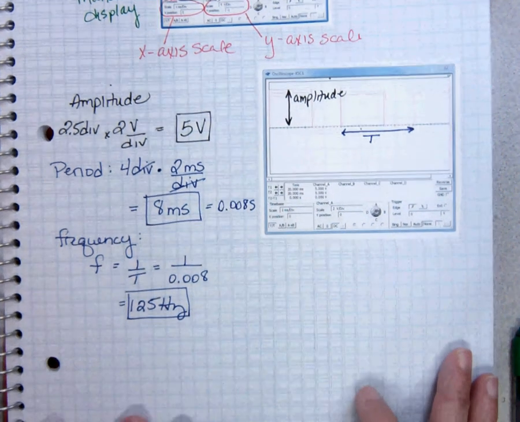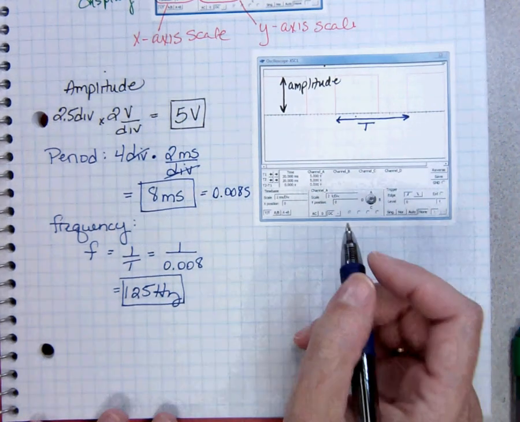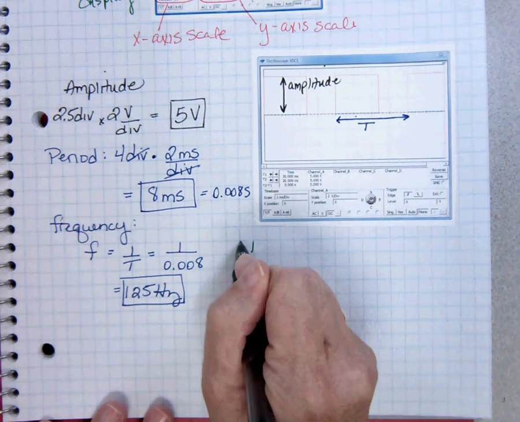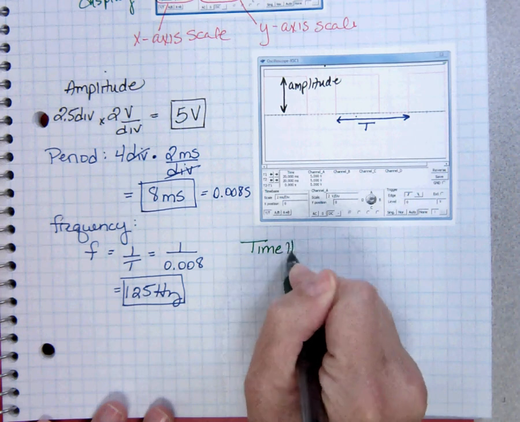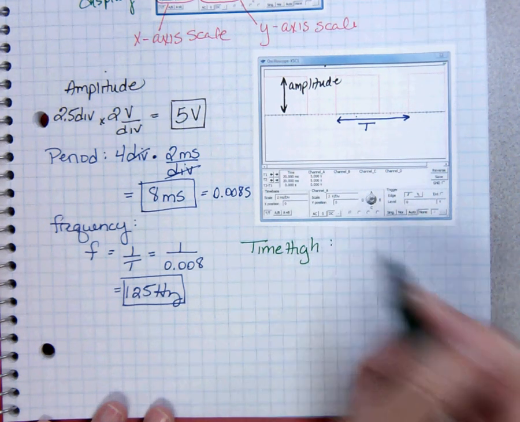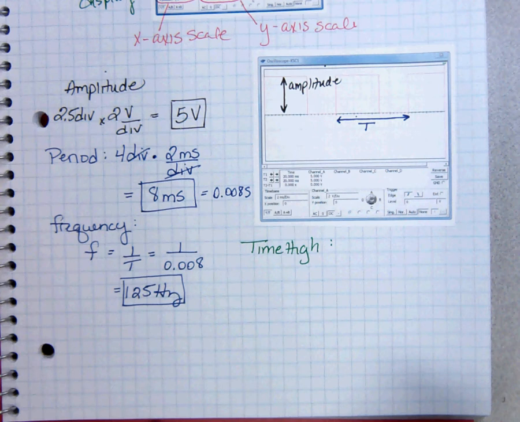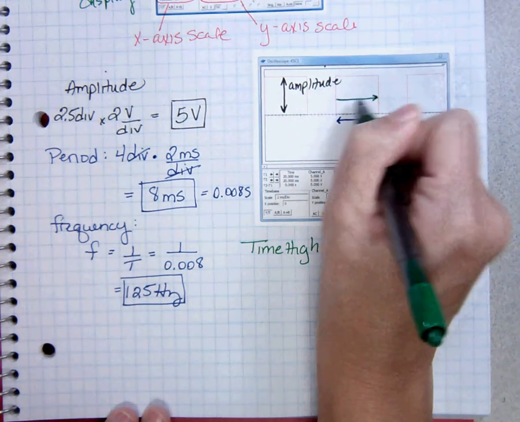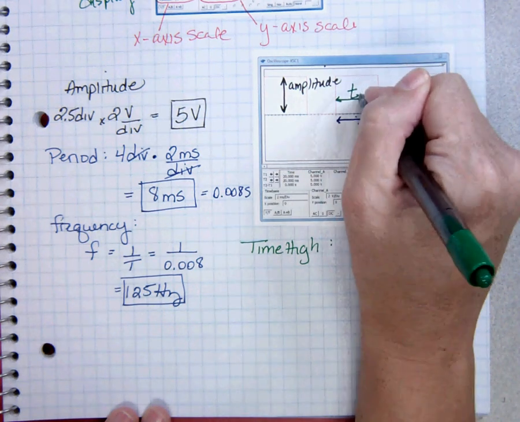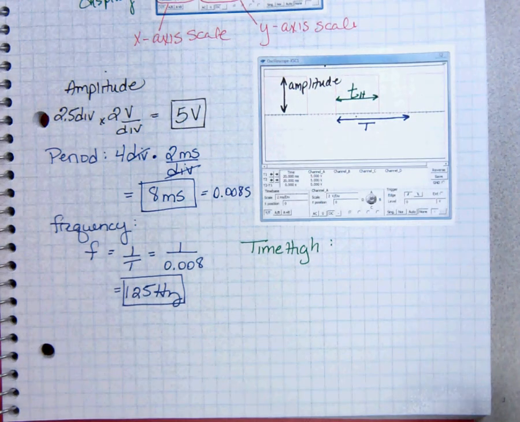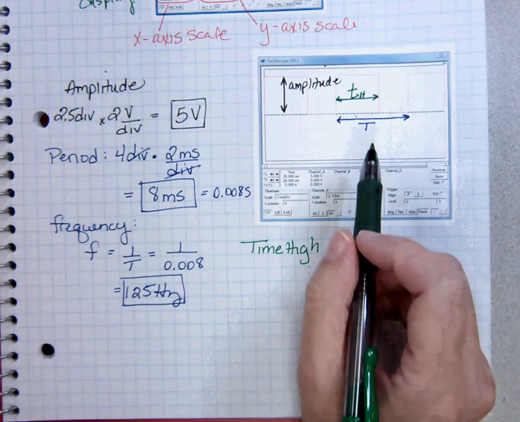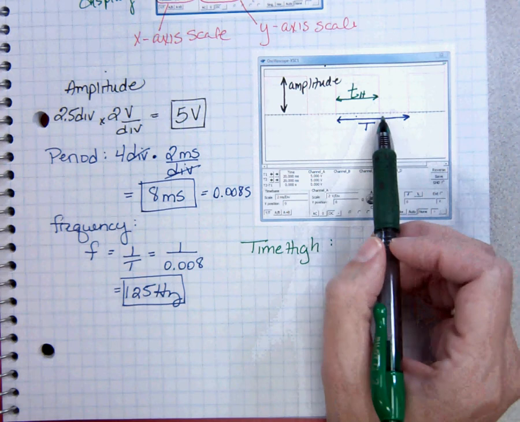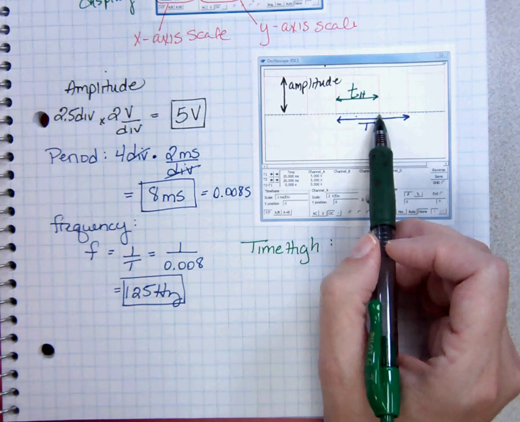Okay, another piece of information that you might want is the time that your signal is high, or your time high. To do that, I'm going to look at this value. This is my time high. So how long does that happen? I'm going to do the same thing and count divisions. For time high, I have 2 divisions, plus 2 of these smaller divisions.